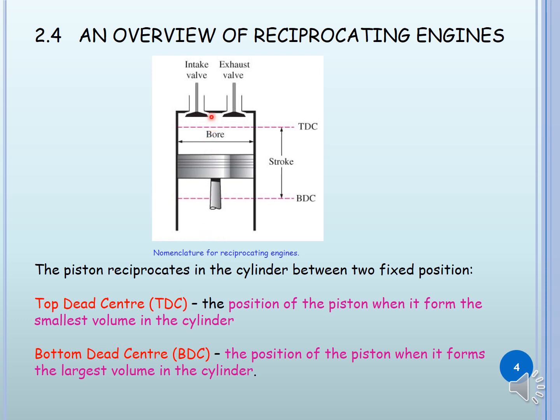So our volume is the smallest in the cylinder. While the opposite, the bottom dead center, is the position of the piston when it forms the largest volume in the cylinder. So it goes down and it will give you the highest volume.